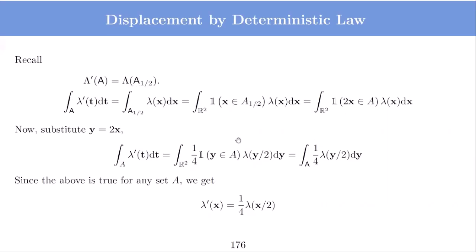A half is made from all elements such that double of that element belongs to A. So x belongs to A half means 2x belongs to A. Now here I substitute y equal to 2x. So this will become the indicator y belongs to A, x becomes y by 2 and dx becomes dy by 4. Okay, and now I compare, I can say lambda dash x equals 1 by 4 lambda x by 2.